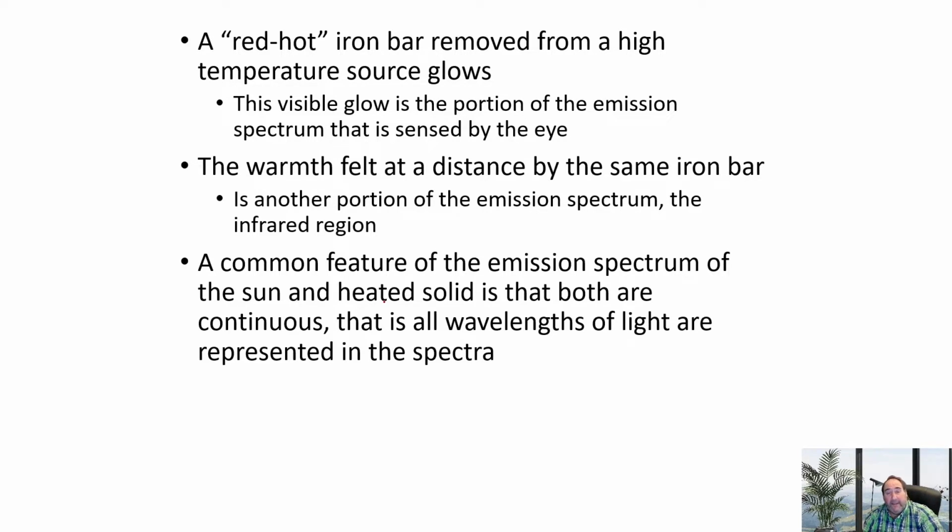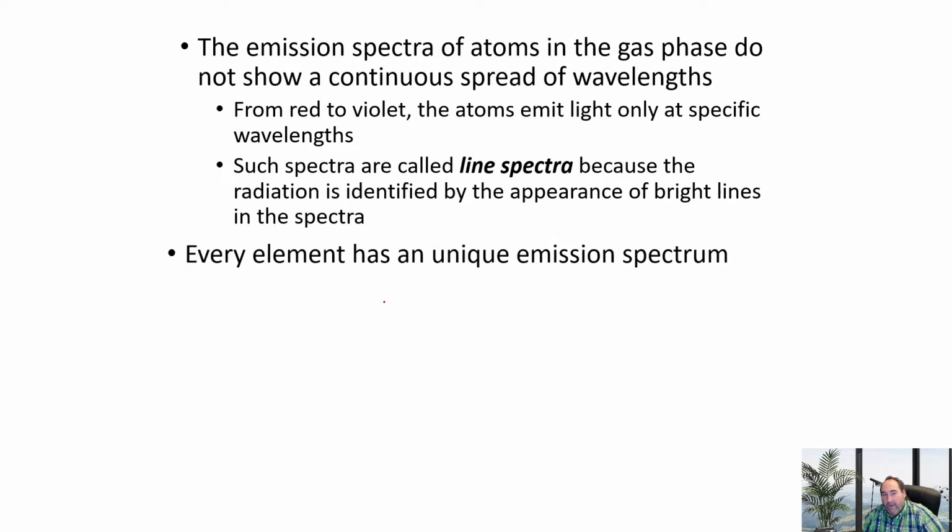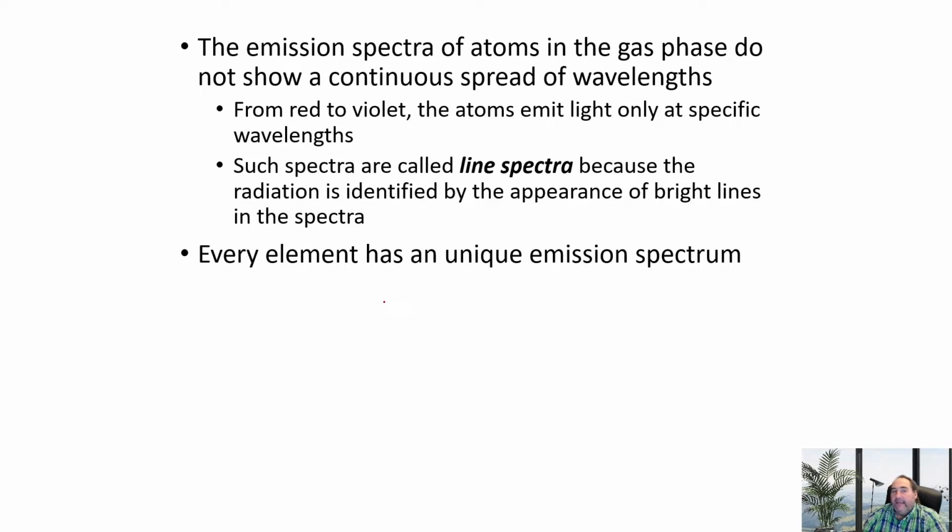So not everything coming off at once, but distinct lines at specific wavelengths. And that's the difference in how the energy and the electrons are being gained and lost. These specific lines are what we see for atoms in the gas phase: a line spectrum.